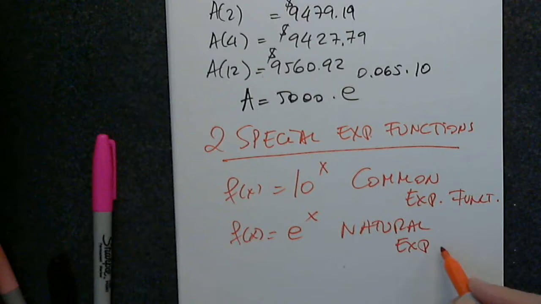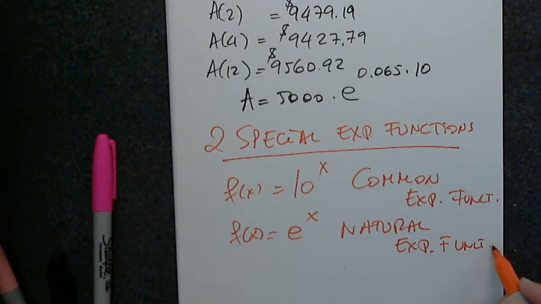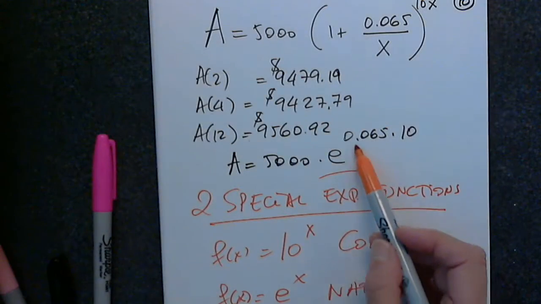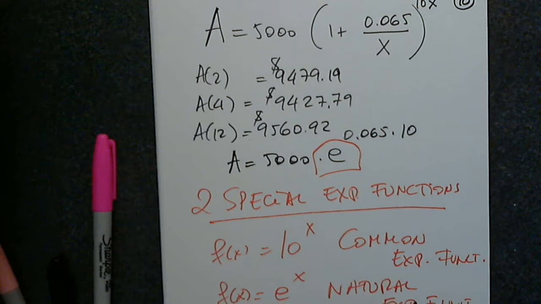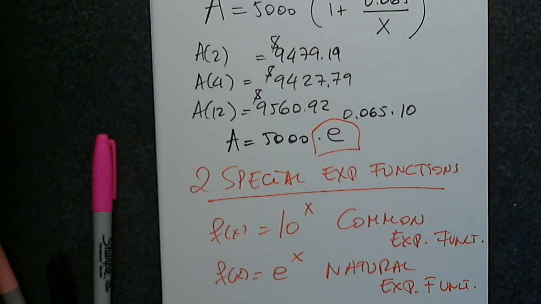And this is the one that is the natural exponential function with base e. Both of them are increasing functions. Both of them have a base greater than 1.